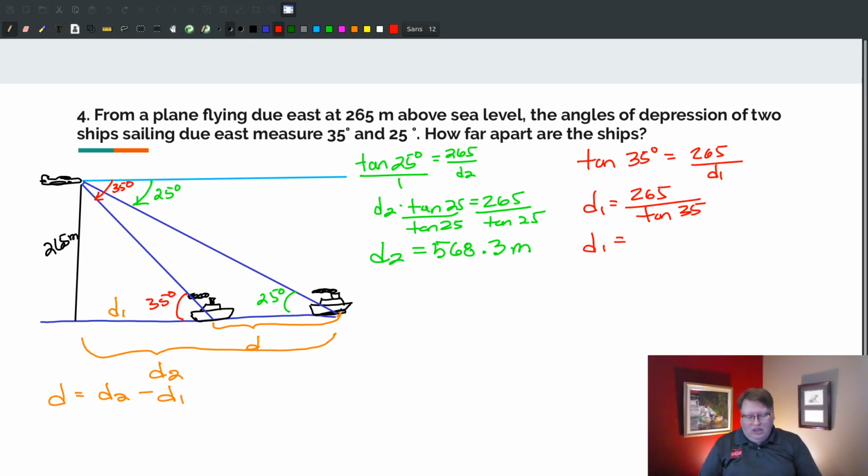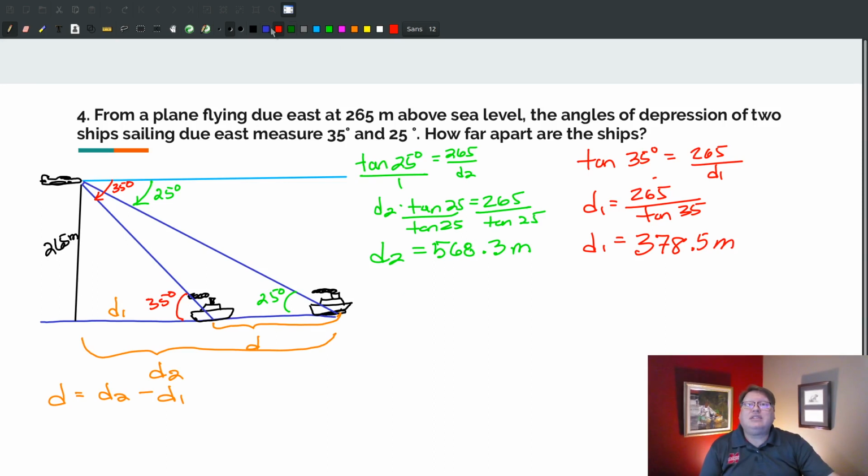Now we get 265 divided by tangent 35. Then that tells me that this measure is 378.5 meters. Okay?